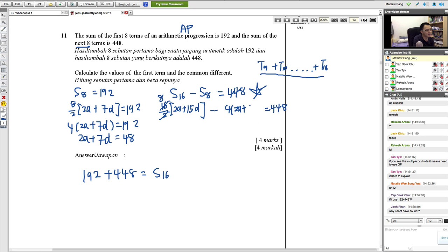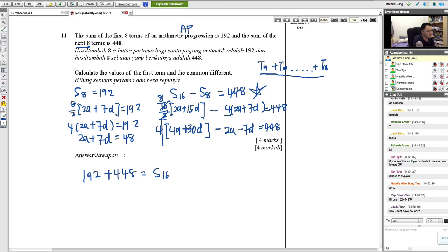So I copy the whole thing: 4 times 2a plus 7d. Then I factorize out the 4 because I see 4 and 8 here. I take out the 4, here we are left with a 2, so I multiply 2 into both. So it's 4a plus 30d, and then I minus 2a minus 7d equals 448. Just simple algebra.